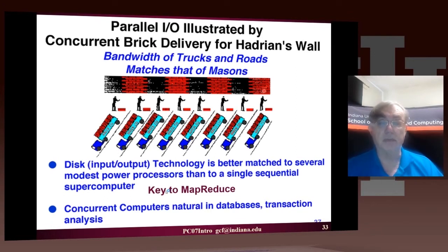So that would be multiple CPUs supplied by one disk, or else we could put lots of disks on our CPU and have a different ratio of disks to CPUs, and that all has to be optimized, and will be different for different problems. And MapReduce is particularly effective in dealing with these disk-sensitive problems.